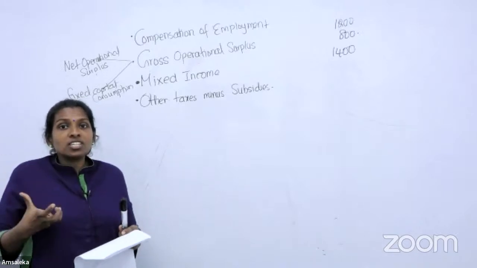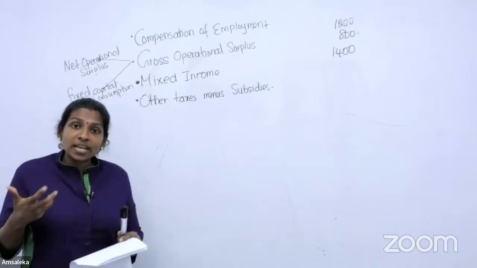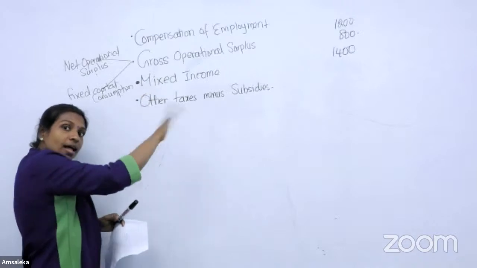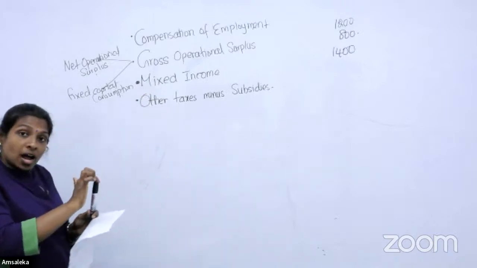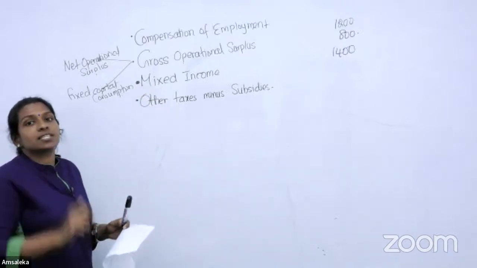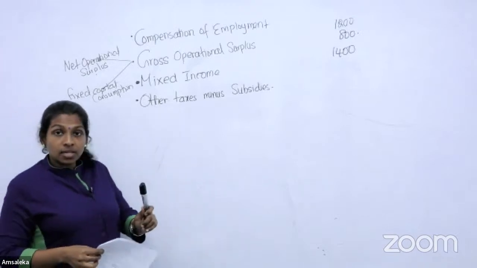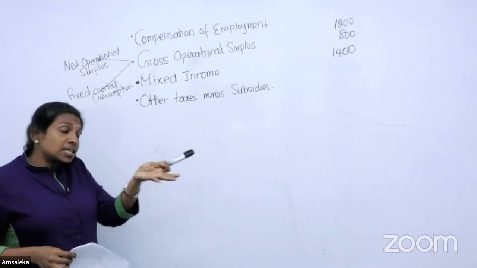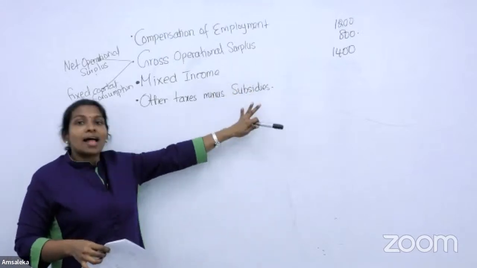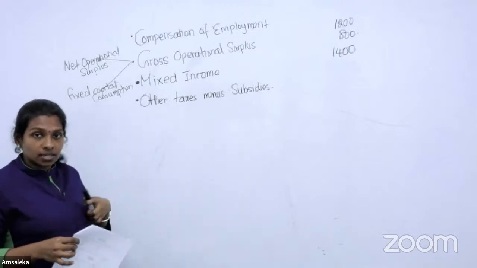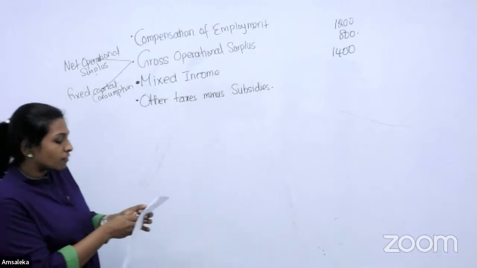If they provide you any other subsidies from the motivational side, they are all other, not to the product but in order to conduct your business. So in order to conduct your business, if any tax is paid, other; if any subsidy is given, other subsidy. So other taxes minus subsidy, other, is given as 740.